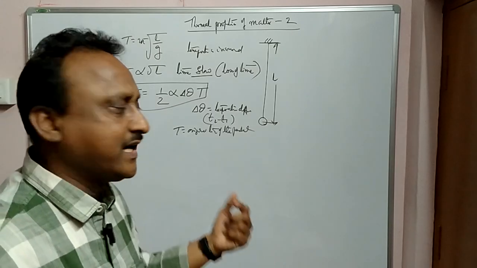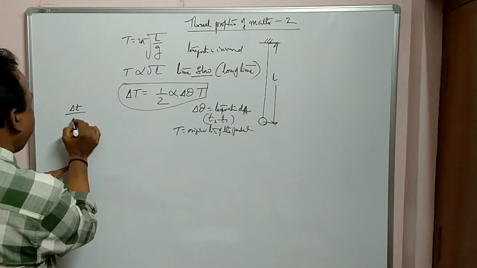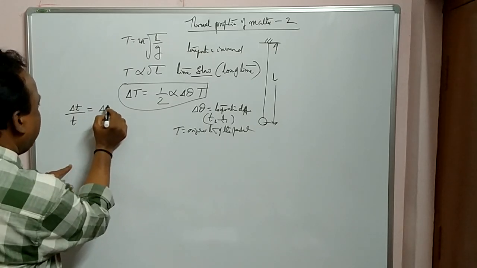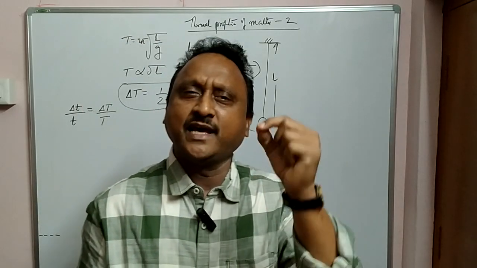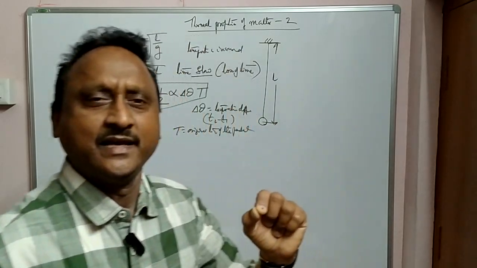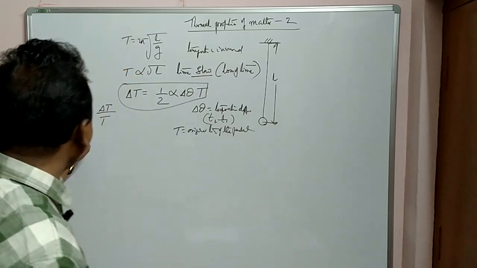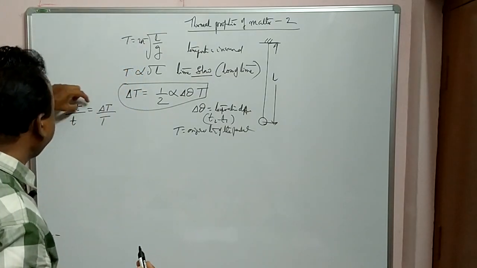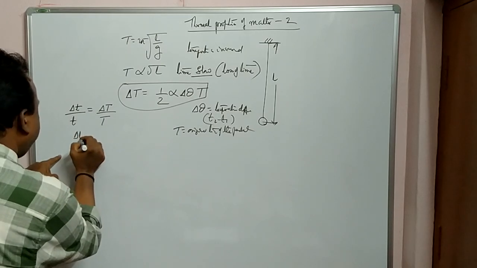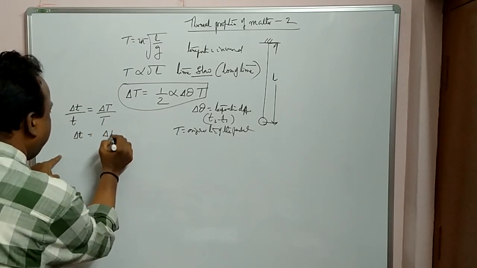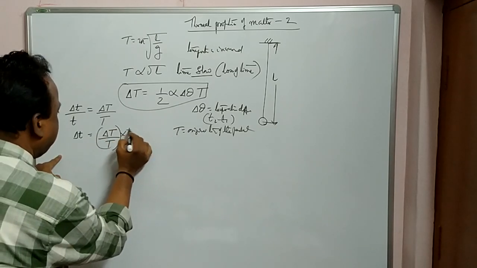Now how do we get it in a time t? This delta T by T I can write as delta capital T by small t. That means during a small interval of time t, it may be 1 day or 2 days or anything, the change in time is given by delta T by T. So delta T I can write as delta T by T into small t.